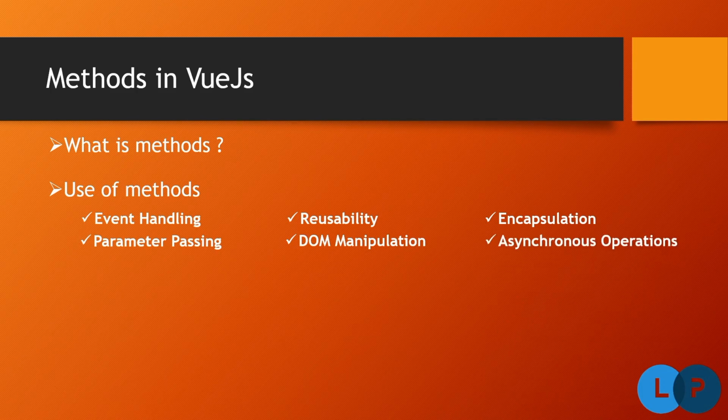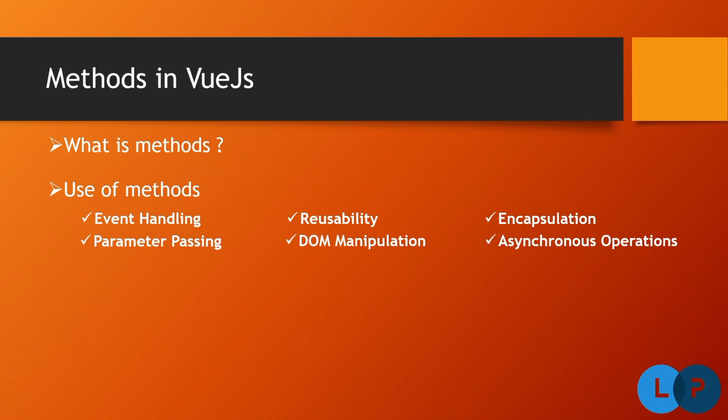And another thing, asynchronous operations. Methods can handle asynchronous operations such as fetching data from APIs or setting timeouts. It means if you want to fetch any data from a third party API, then we can create a simple method, and that method will be responsible for getting the data from the API. We can use methods in this way, and there are many purposes we can use methods.